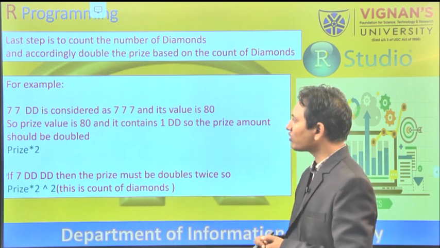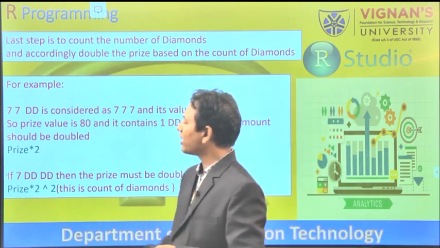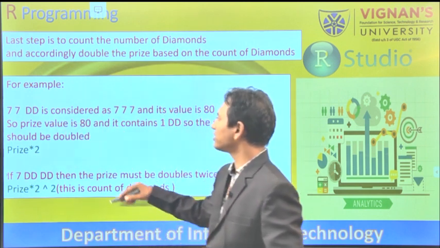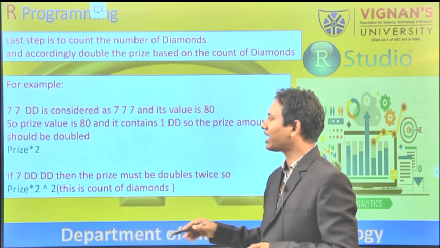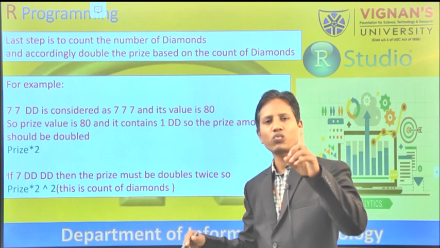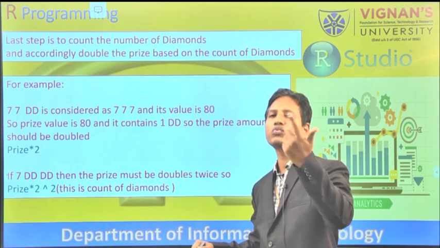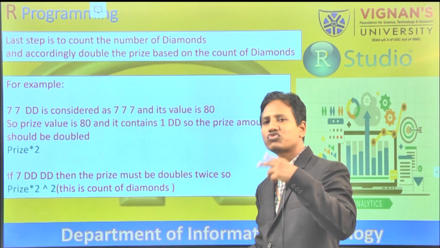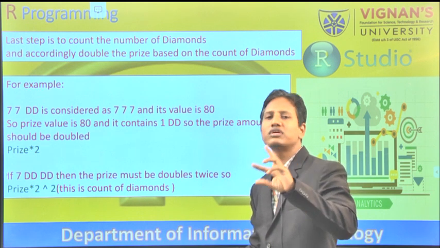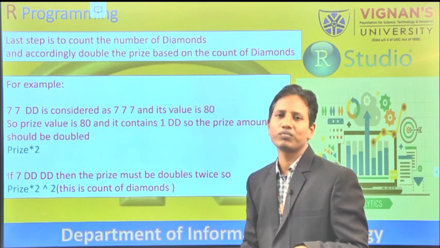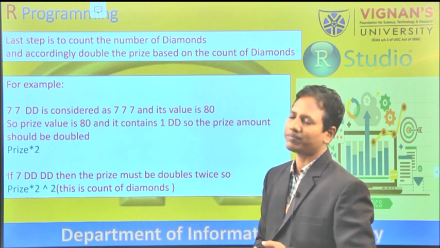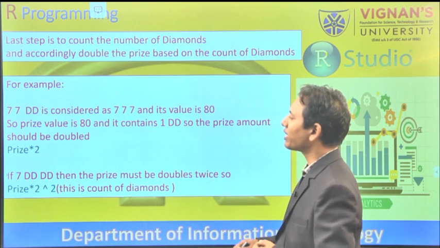For example, if 77D is considered, then 77 is 80, and the diamond appears once, so that 80 has to be doubled once. If the diamond appears twice, that 80 is doubled twice, so the amount becomes 320. This we have already explained.